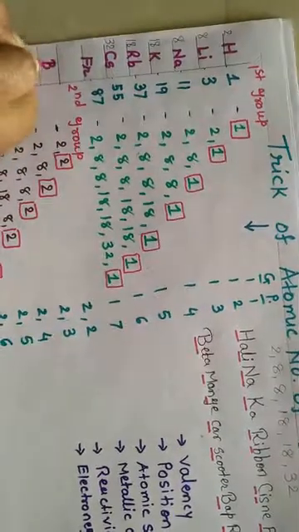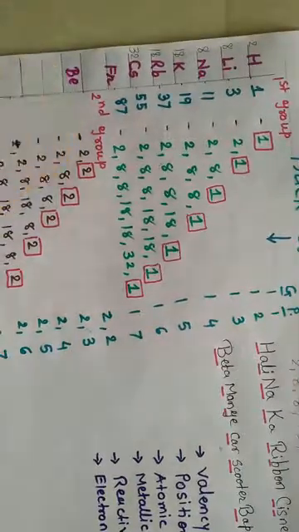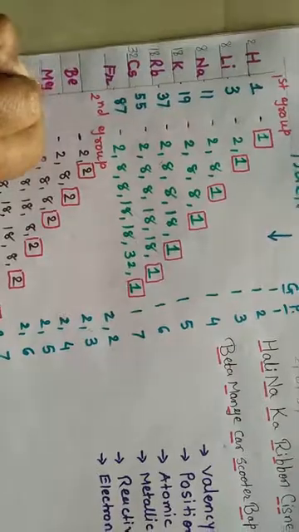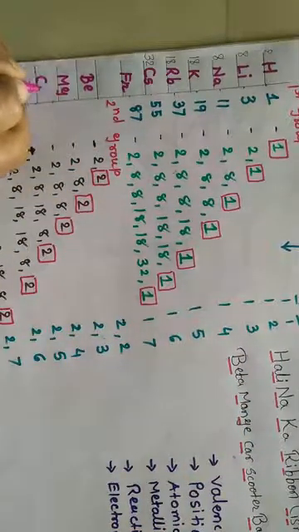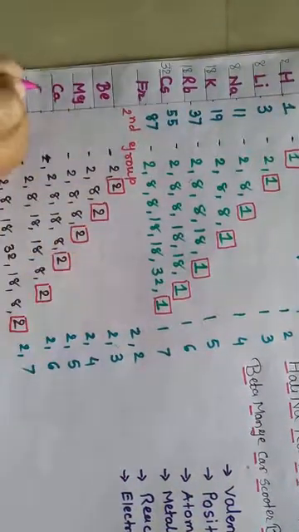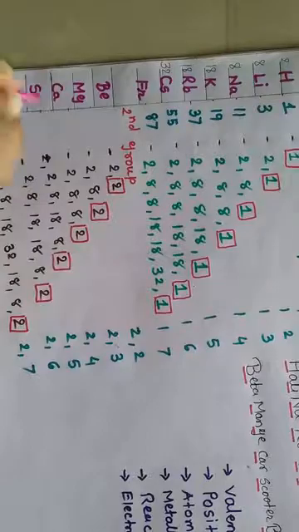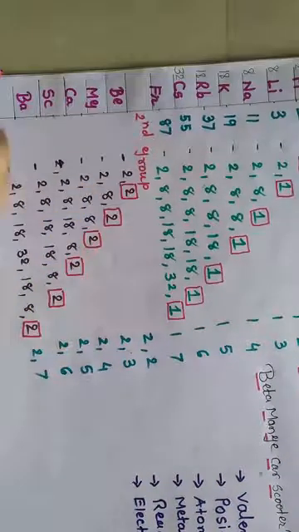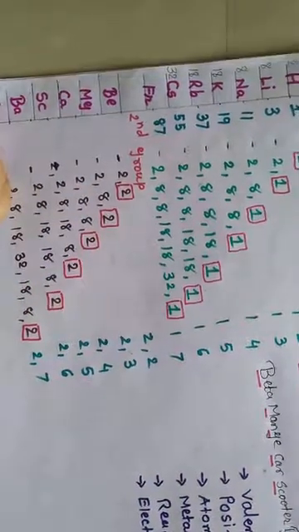After that we have Mg, that is magnesium. Then Ca. Then Sc, that is scandium. Then Ba. And last, radium, symbol Ra.